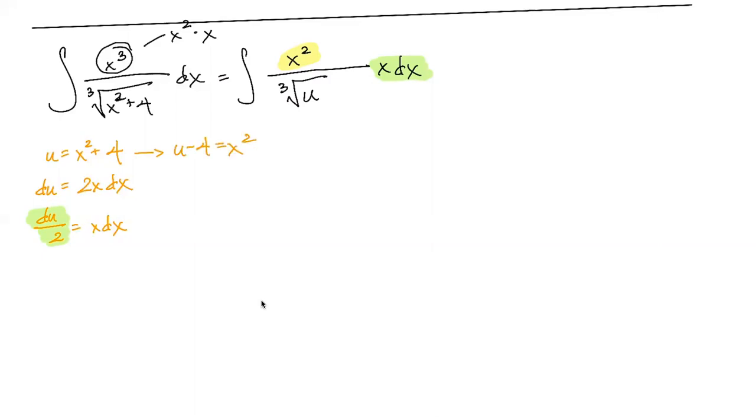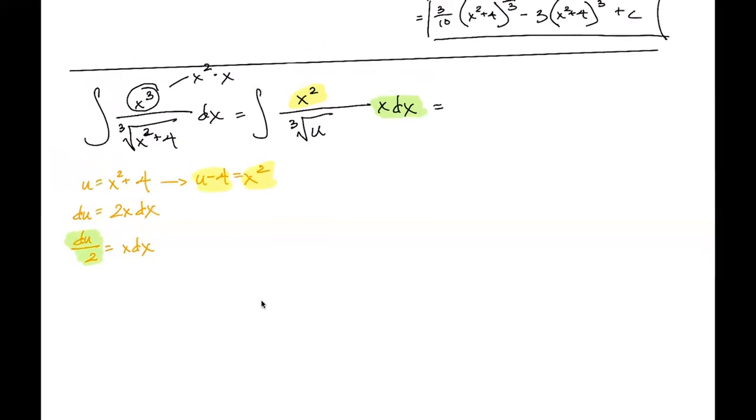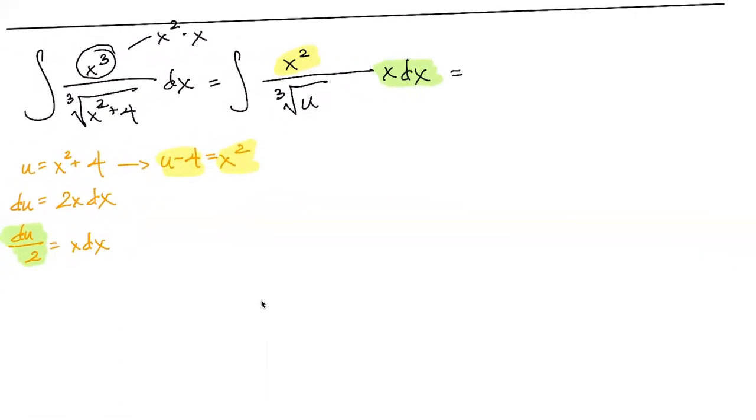And so that u minus 4 is going to replace any x squared that I see. And so when I finish substituting, I'll end up with the integral of u minus 4 over u to the 1/3 du, and I need that 1/2 as the coefficient.